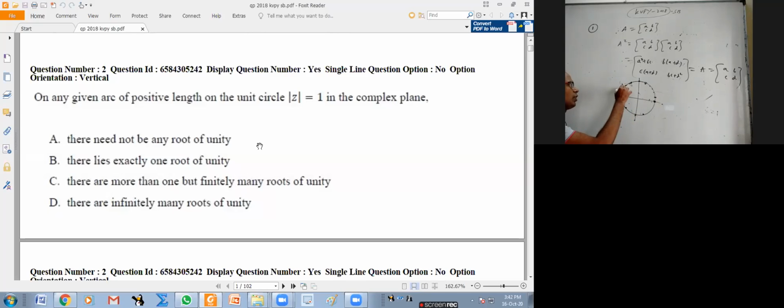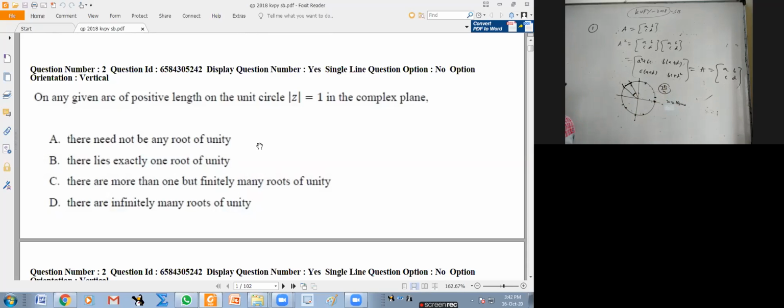So when you take a small piece, however small it is, of the circle, let us see how much angle it subtends. I want it to be 2 pi by n. Let's say when it is roughly 2 pi by n and n is, let us say, 10,000.